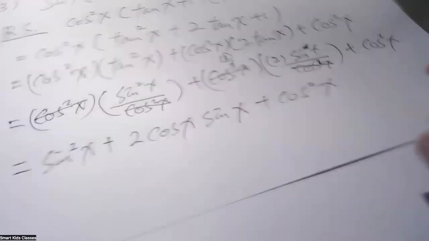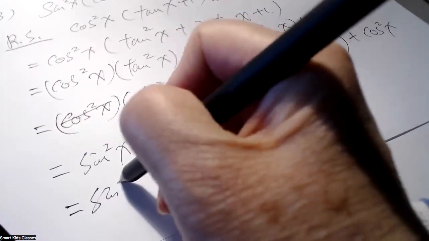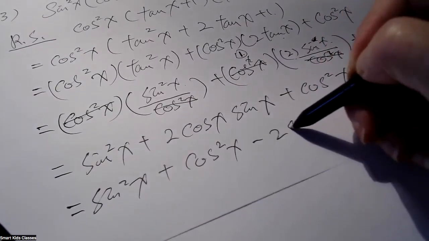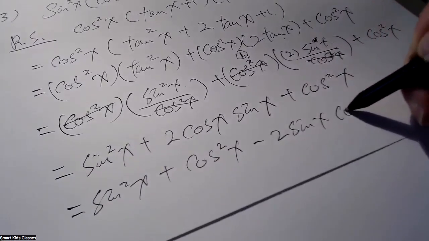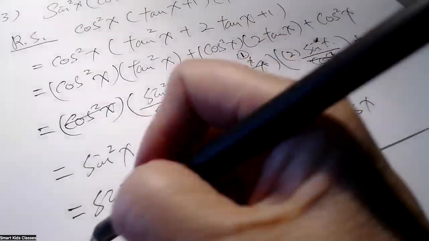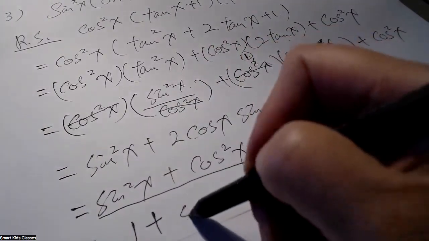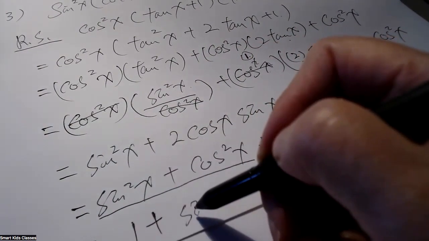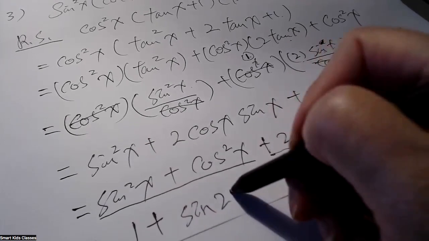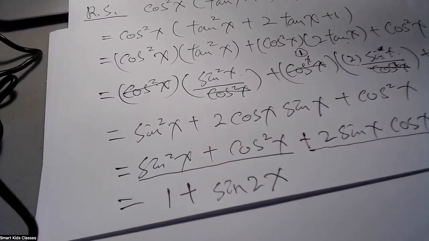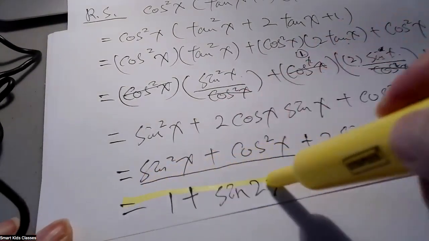So we write it, the exponent 2 put in front. Sine square x plus cosine square x plus 2 sine x cosine x. Now this is equal to 1. So 1 plus sine 2x.